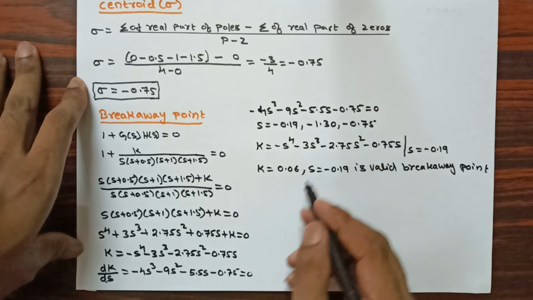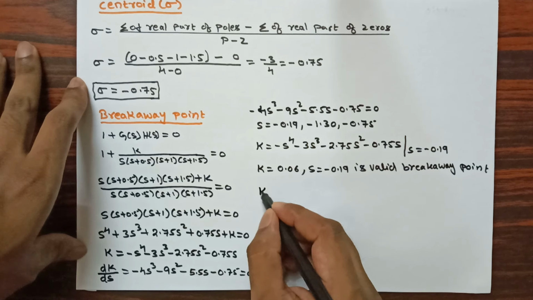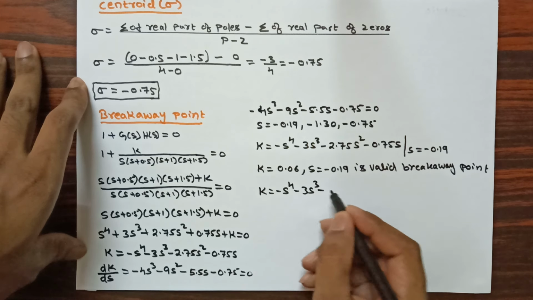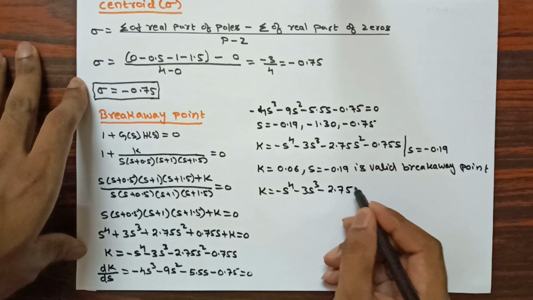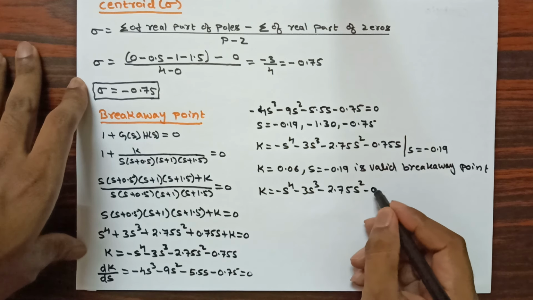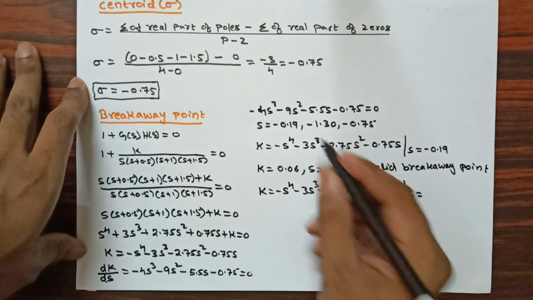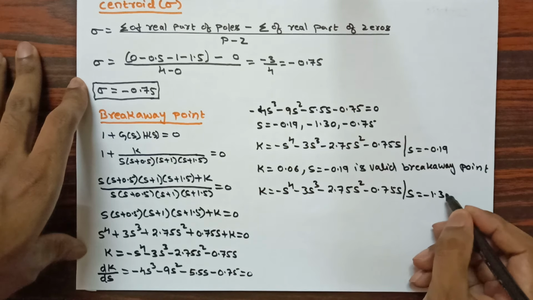Next I will check for minus 1.30. k is equivalent to minus s to the power 4 minus 3s to the power 3 minus 2.75 s to the power 2 minus 0.75 s. Now the s value I am considering here is minus 1.30.